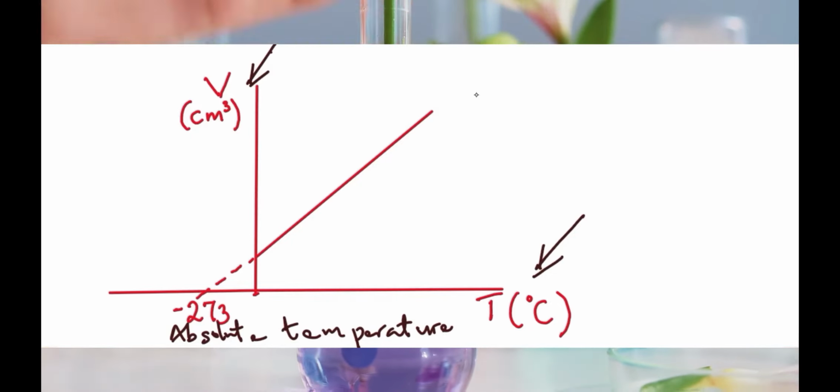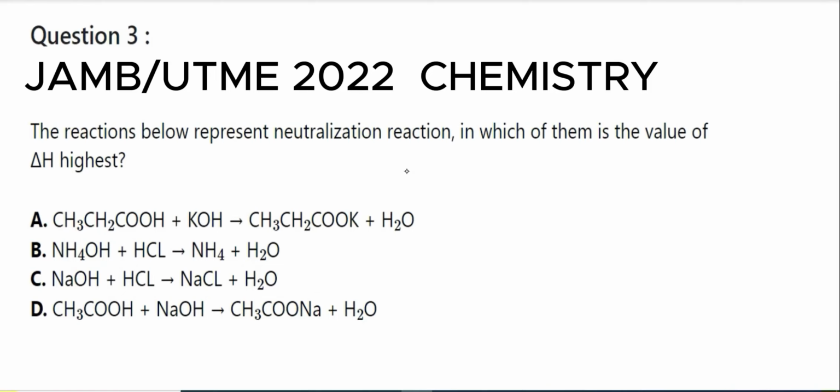Question 3. The reactions below represent neutralization reactions. In which of them is the value of change in enthalpy highest? We shall require the knowledge of strong acid, weak acid, strong base, and weak base.